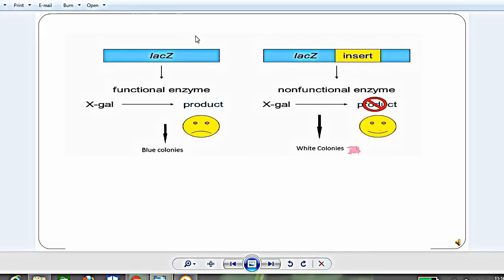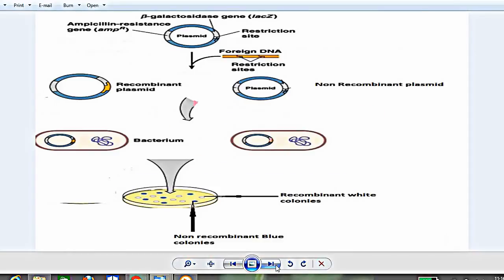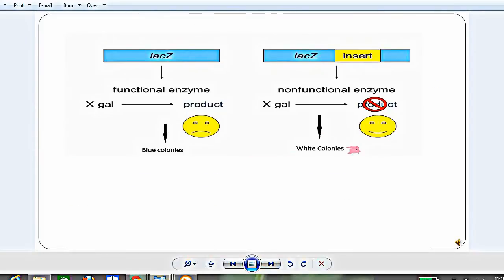The restriction enzyme will recognize the restriction site present in this MCS. MCS is nothing but a collection of many different restriction sites. So the restriction enzyme will cleave the restriction site, and the foreign DNA will be inserted.